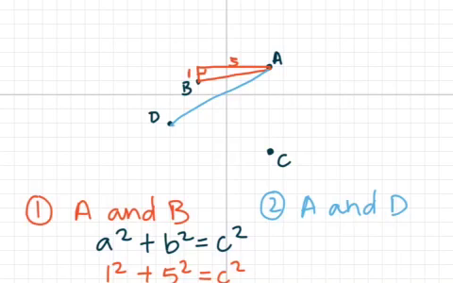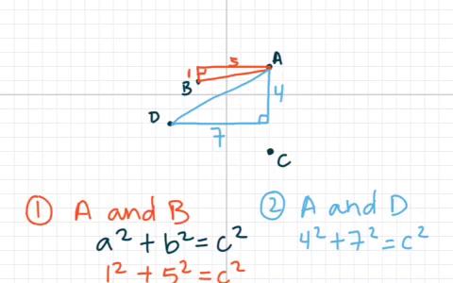So if I wanted to go from D to A, I would drive my horizontal distance, which it looks like is 7, and my vertical distance, which is 4. And I can plug that into my Pythagorean theorem because those are my legs, my a and my b. So I have 4 squared plus 7 squared equals c squared.